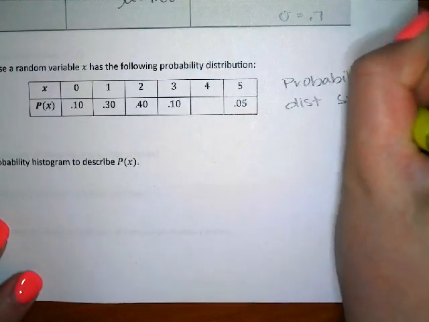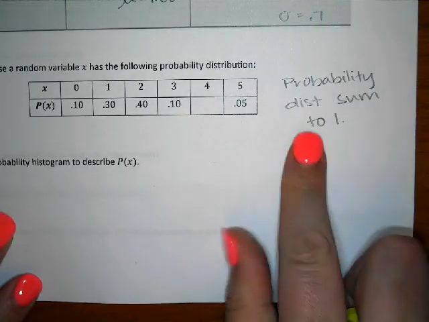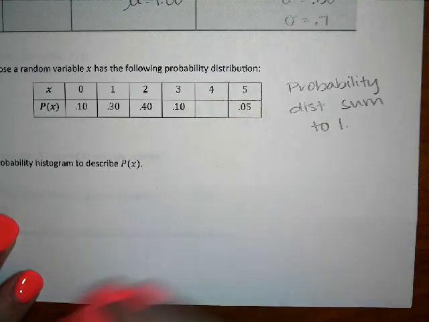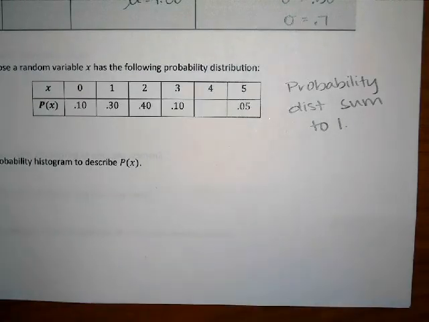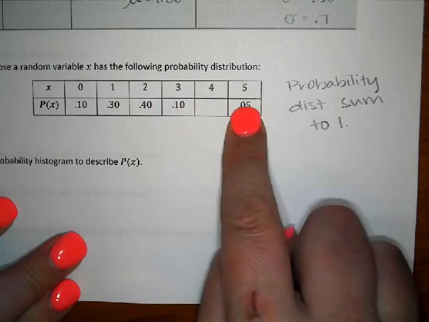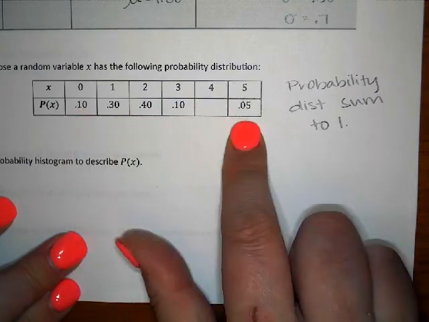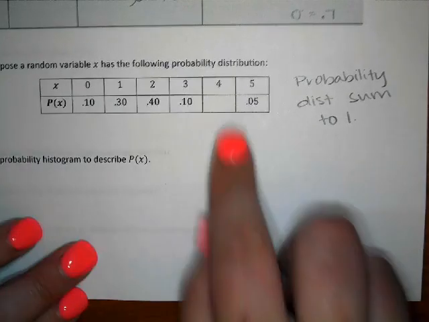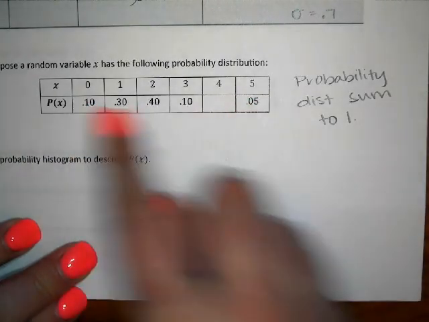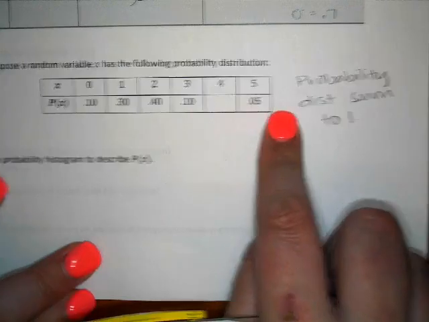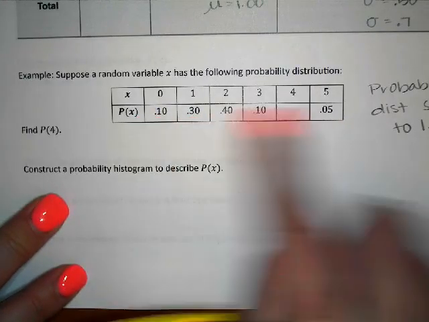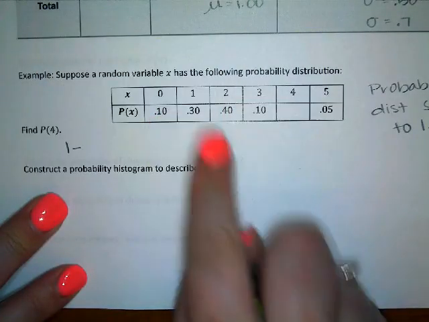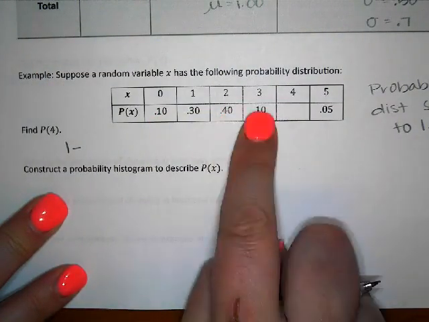And the reason for that is because this represents all of the data. And so if we calculate all of the data all together, that must be 100% of the data. And to do the probabilities as percentages, that would mean that all of these have to add up to 1, or they all have to add up to 100%. So what I'm going to do is I'm going to say 100% of these, or 1, subtract off 10%, subtract off 30%, subtract off 40%. I'm going to do 100%, subtract off all of those to get my probability.